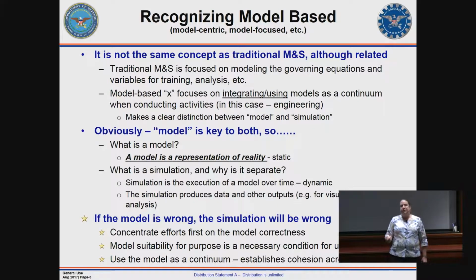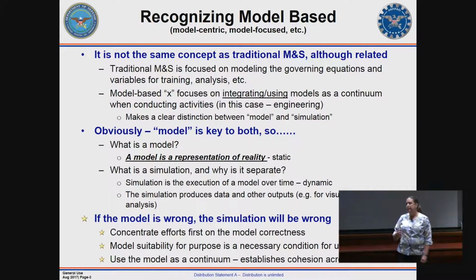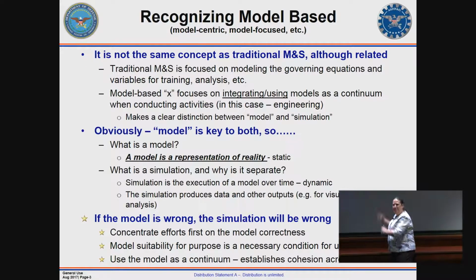A simulation is separate. A simulation is a model executed over time. Does anybody dispute that statement? Right? Again, well, okay. We can talk about it afterwards if you want, but for the sake of argument, let's go with my definition. So a simulation is a model executed over time, right?